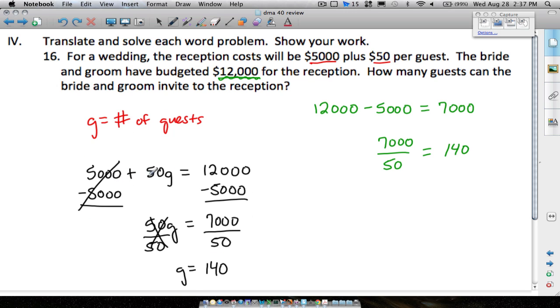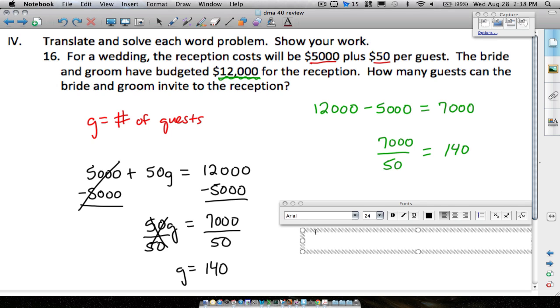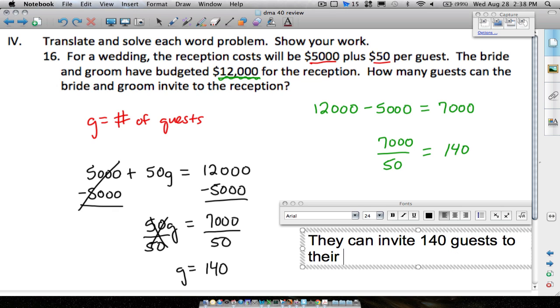I want to see you set up that equation, and I want to see you solve the equation. But notice we're doing the same moves over here without doing algebra. But again, I'm after the equation approach when you go to solve these problems. Therefore, the solution to this problem is they can invite 140 guests to their reception.